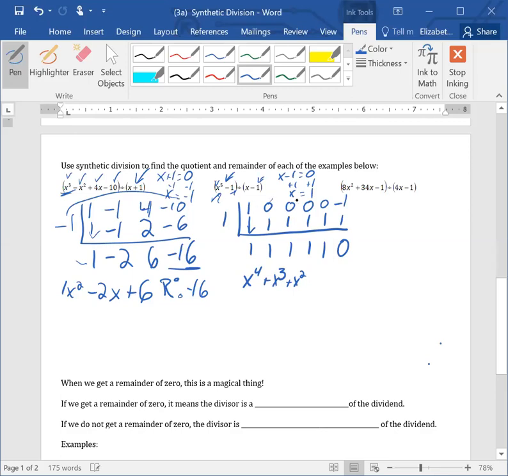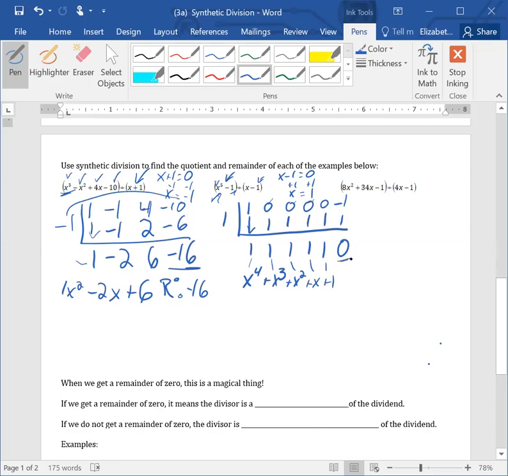Fifth, fourth, third, second, x, constant. Yep, I did it right. All right, so fourth, third, second, this is going to be an x. This is going to be my constant, plus 1. And look, I have a remainder of 0, so I don't even have to write it. This does not happen very often.